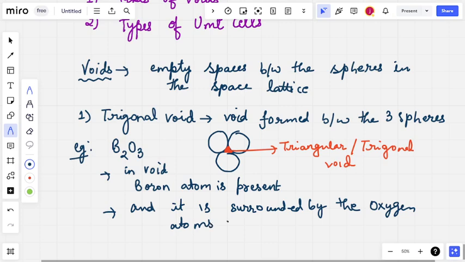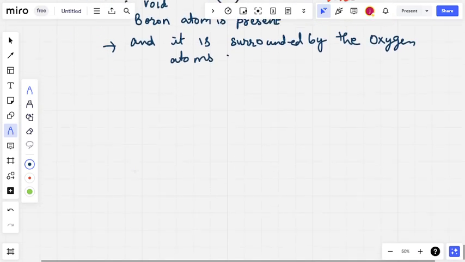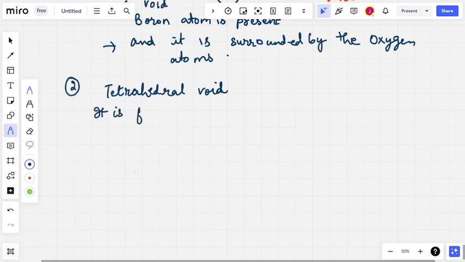Now we move on to the next type of void, that is the tetrahedral void. It is formed between four spheres.